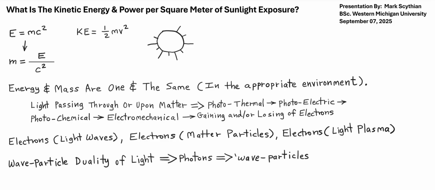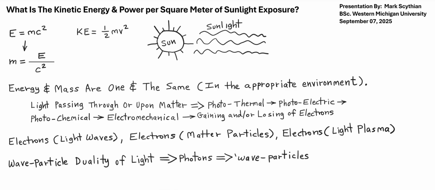So let's move on to the sun now. We have the sun, and then we have the propagation of sunlight in the form of wave particles or photons, i.e. sunlight, which then reach an exposure area of 1 square meter as a test.